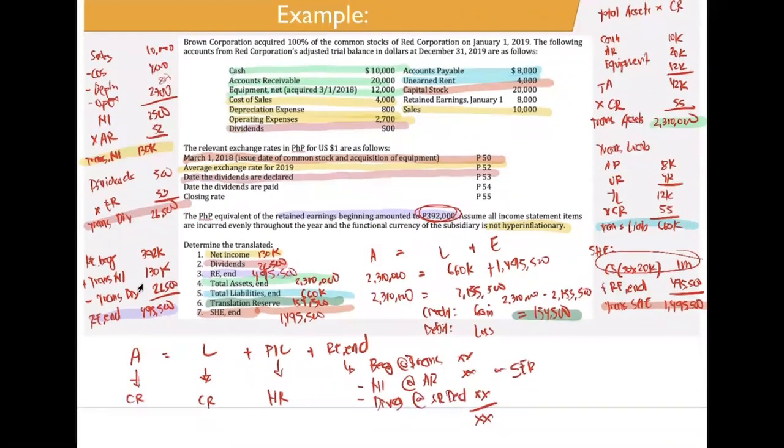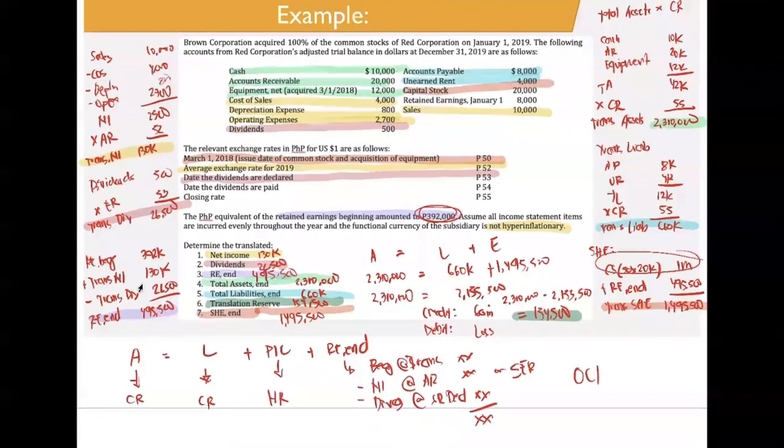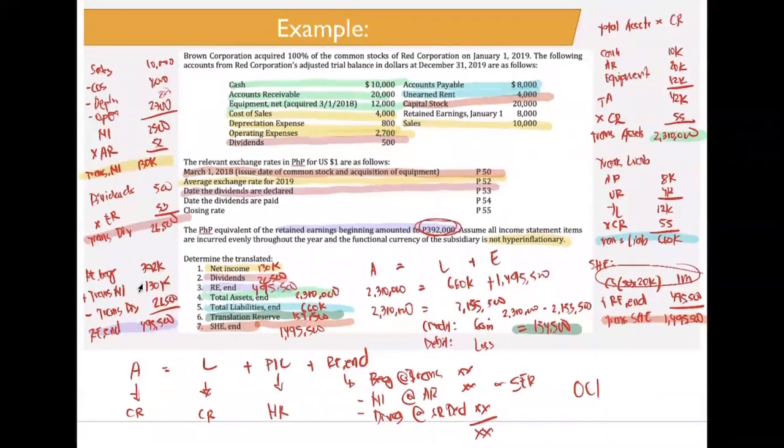The difference will be placed in OCI. The 154,500 is known as your translation reserve.